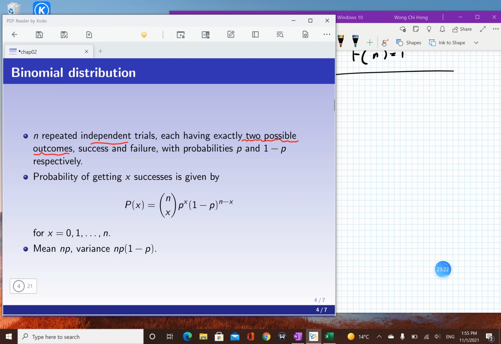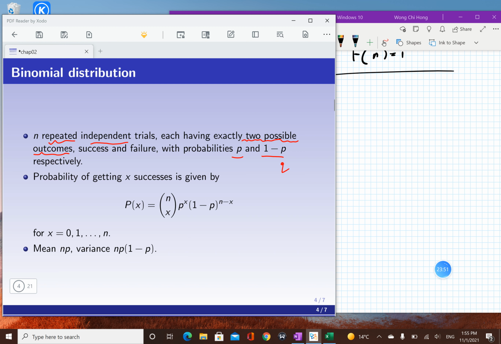Anything that involves repeated trials, and each time having two possible outcomes, with probabilities p and 1 minus p, or sometimes we just call it q. We're just too lazy to keep writing 1 minus p, so we just call it q. Keeping 1 minus p is just as fine.